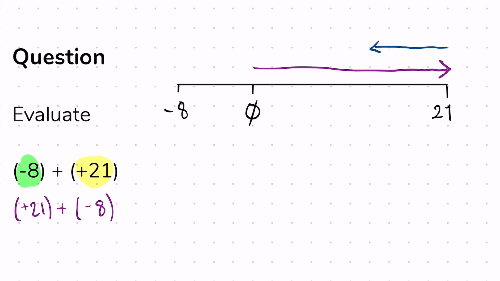So what do we do? We go 21 minus 1, 22, minus another one, minus 1, 20, then 19, and 18, etc., until we get to 13. So thinking about this in terms of the number line is the best, most helpful way.